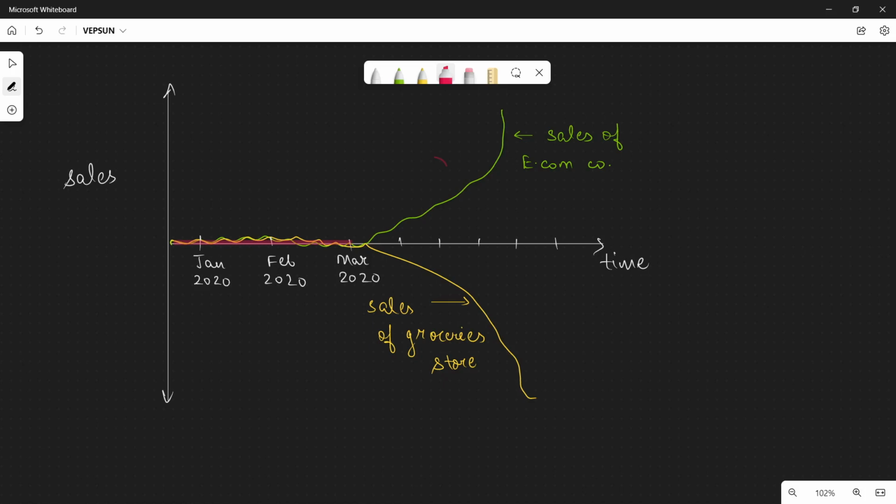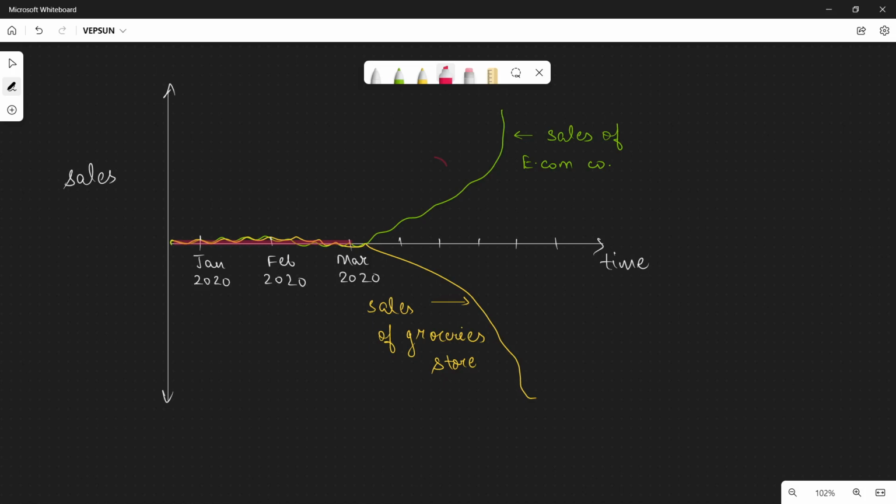So till March, or you can say till mid of March, we as individuals had our own flexibility. The sales of both e-com companies and grocery stores were more or less same. Not much of fluctuations was witnessed.